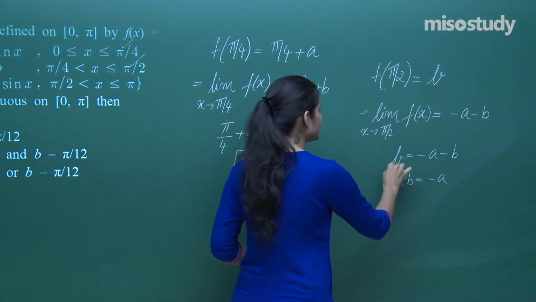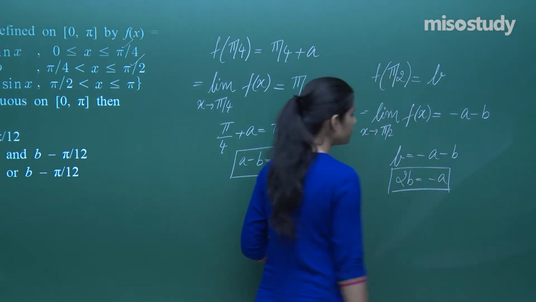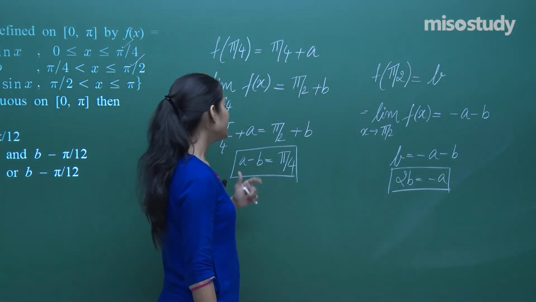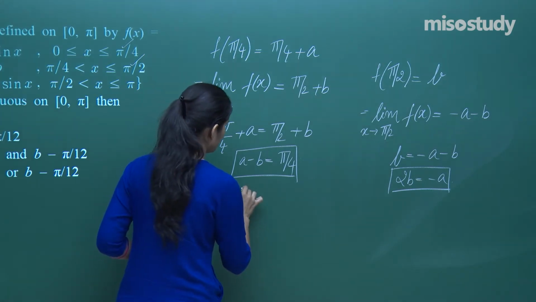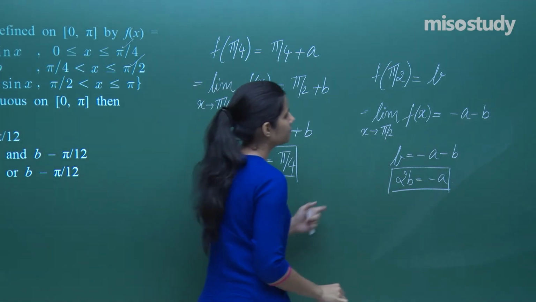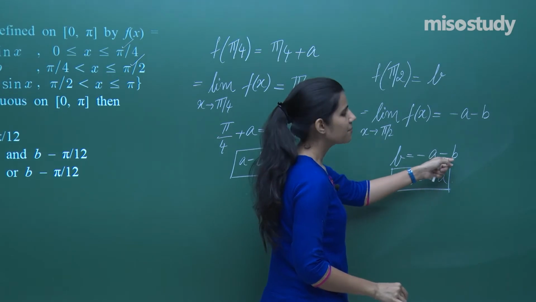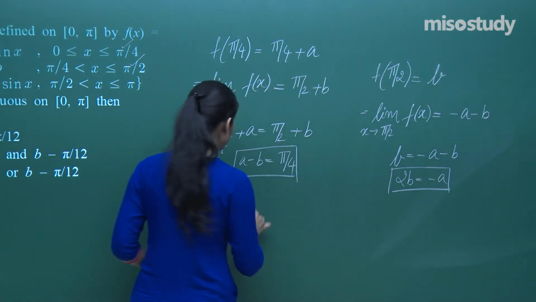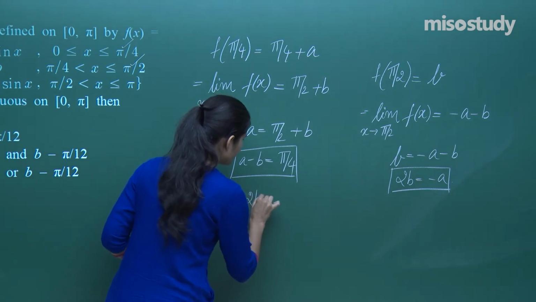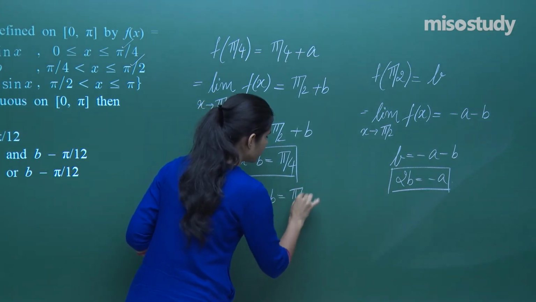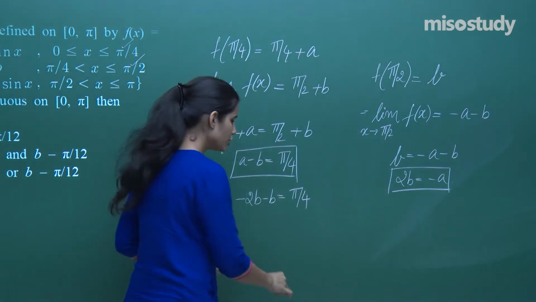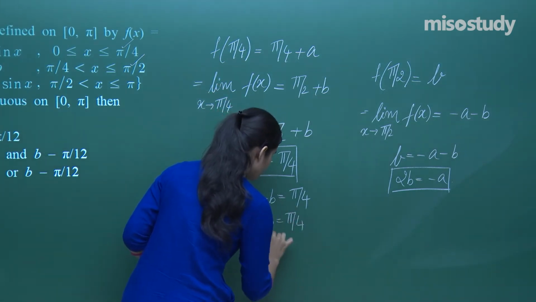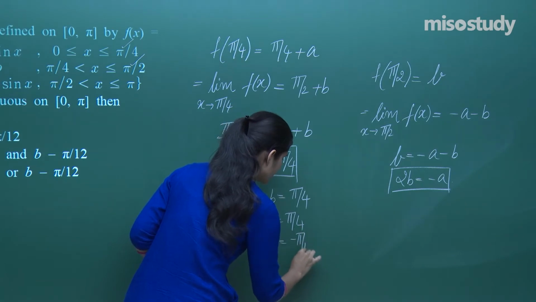If 2b is minus a, so see we have two relations in a and b, so obviously I can compute a and b now. So if 2b is minus a, that means a is minus 2b, so minus 2b minus b is pi by 4. So minus 3b is pi by 4. B is minus pi by 12.